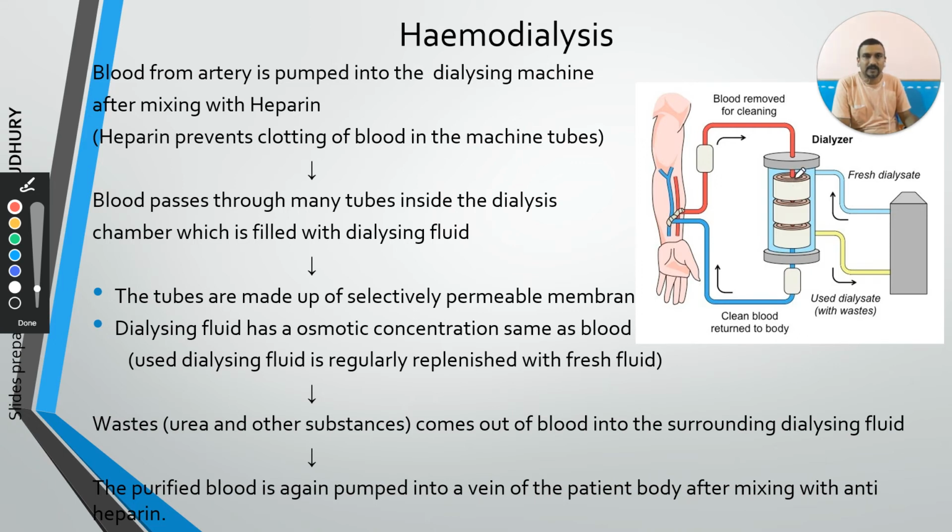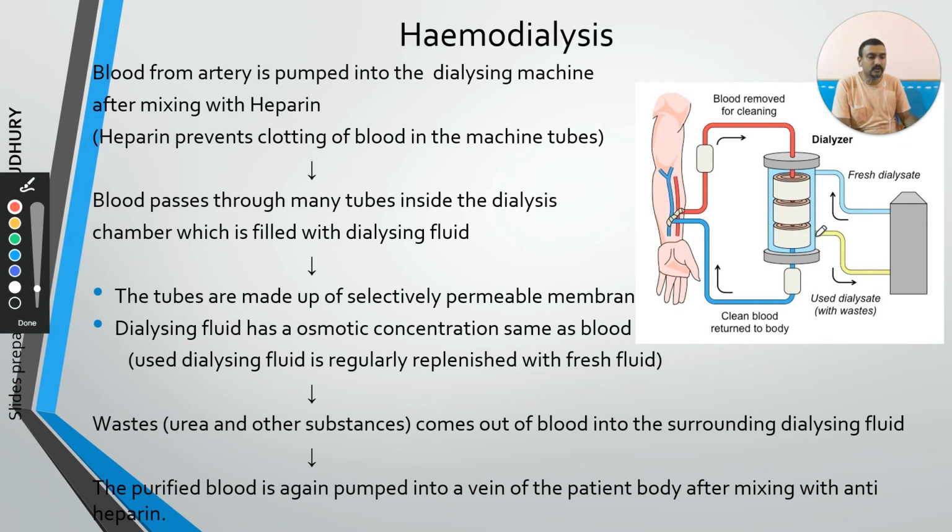So I'm repeating once again, the impure blood is coming, passing through certain tubes made of semi-permeable membrane, but those tubes are floating in a dialyzing fluid which has an osmotic concentration same as pure blood, and from the tubes made of semi-permeable membrane, the impure blood will lose all the wastes into the nearby medium, which is the dialyzing fluid.